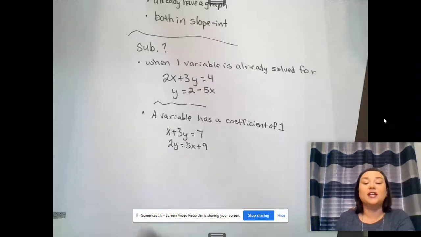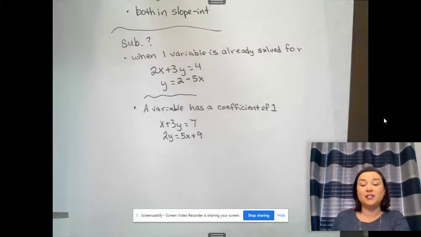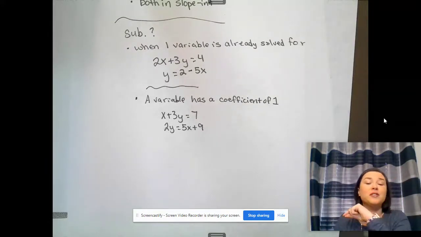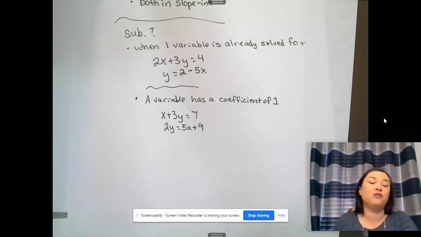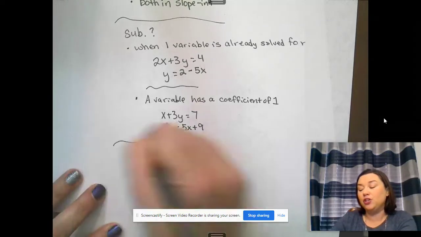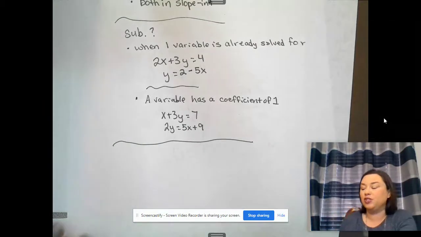In this case, substitution would probably be the best because we could easily solve for x. We wouldn't want to use elimination here because they're not in columns. We'd have to rearrange it and then we would have to use multiplication there. So since this has a coefficient of 1, this would be a good time to use substitution. Again, you could use elimination, but it is probably best for substitution.